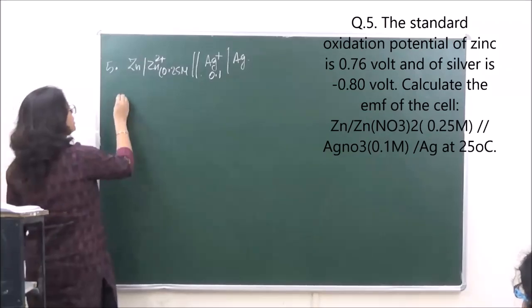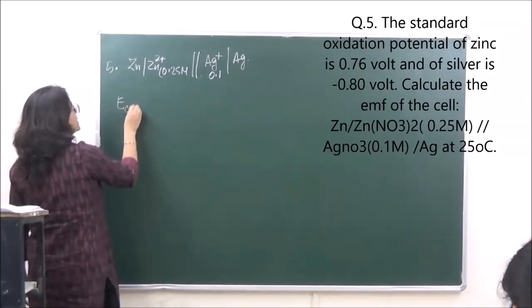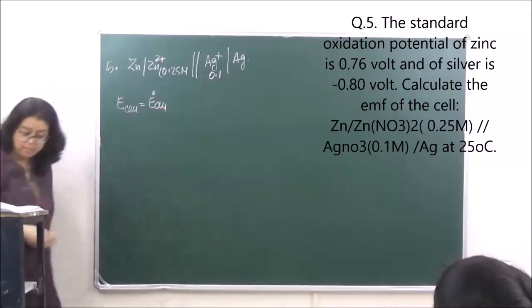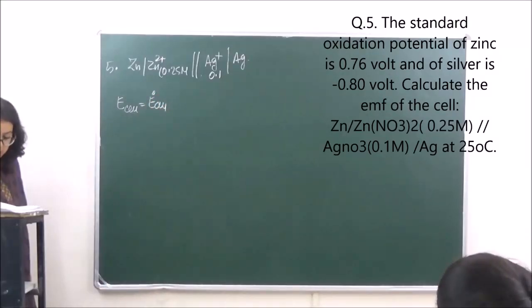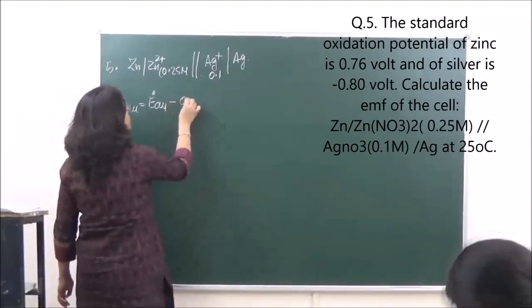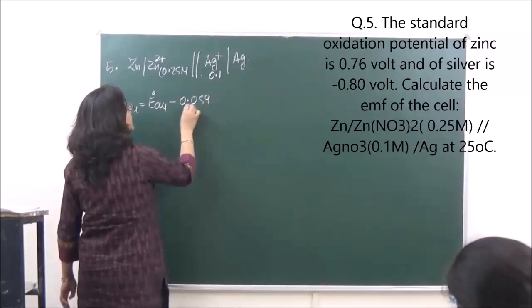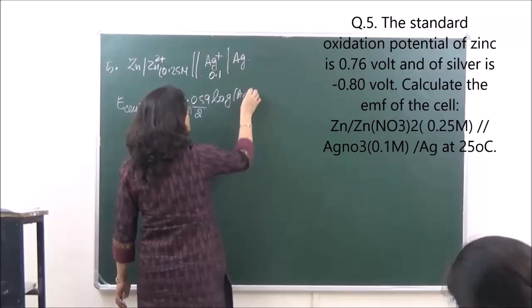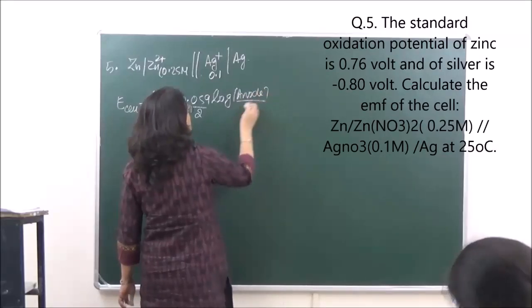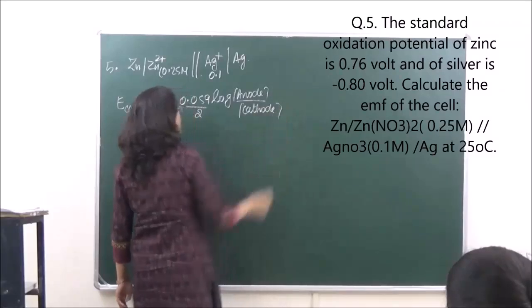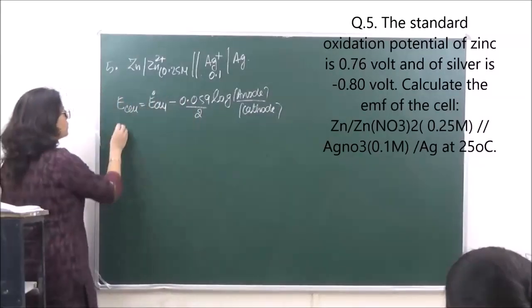We have to put the Nernst equation. E cell is equal to E naught cell minus 0.059 upon 2 log of concentration of anode upon concentration of cathode. Now in this case we have to first calculate the E naught cell which is not given to us.